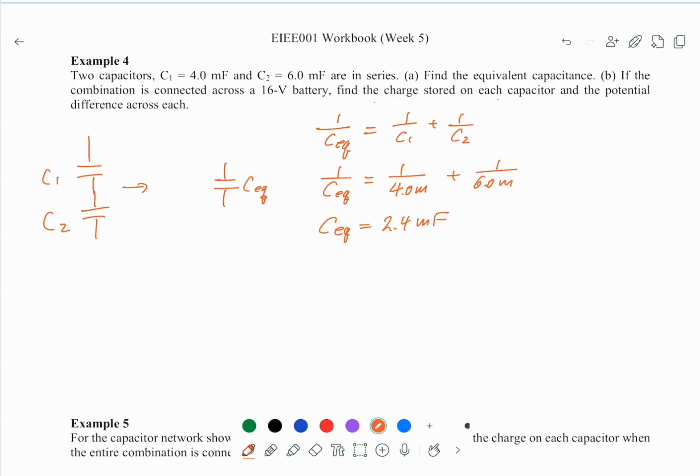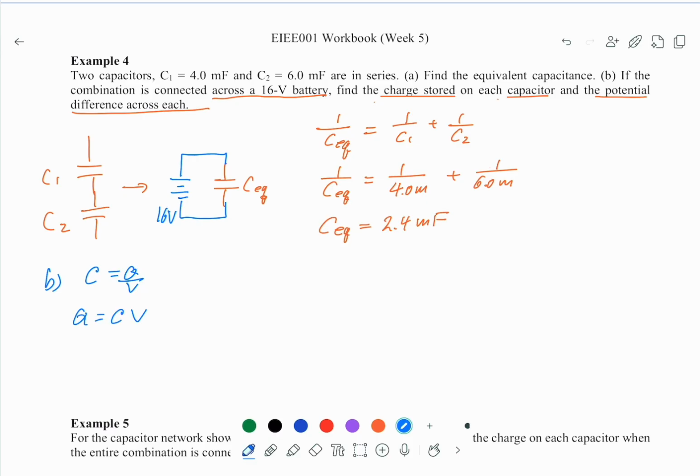B. If the combination is connected to a 16-volt battery, find the charge stored on each capacitor and the potential difference across each. So let's again look at connecting the equivalent capacitance to the 16-volt voltage source. Now we have only one capacitor, and remember C equals Q over V and Q equals CV.